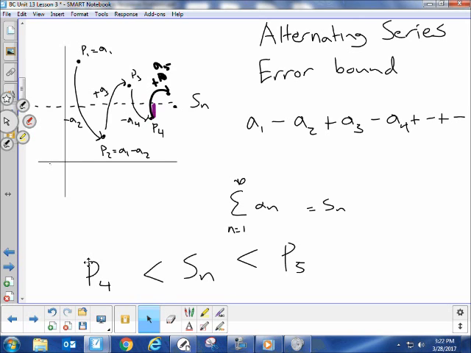That made sense, right? Well, we could go beyond that and talk about the bounds of our remainder.